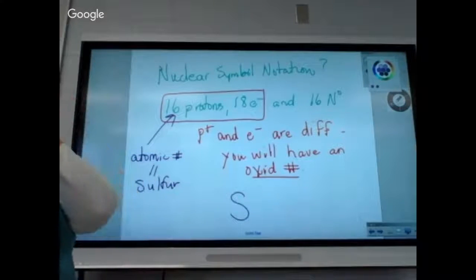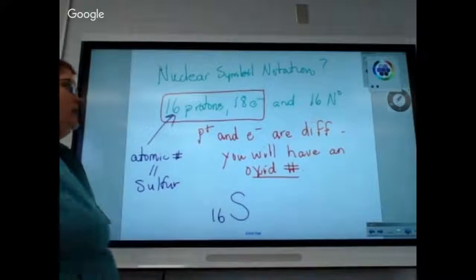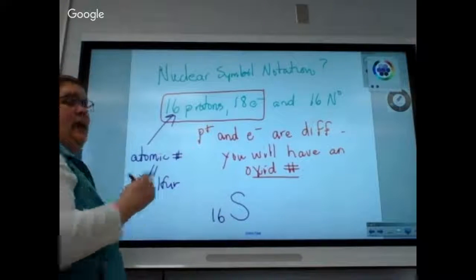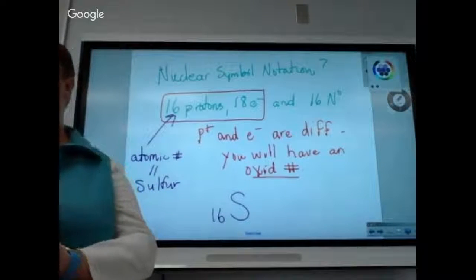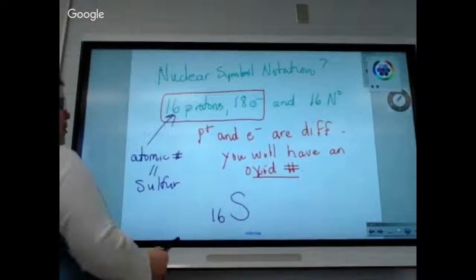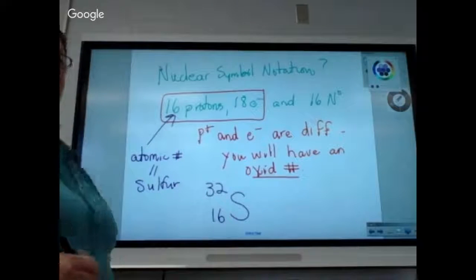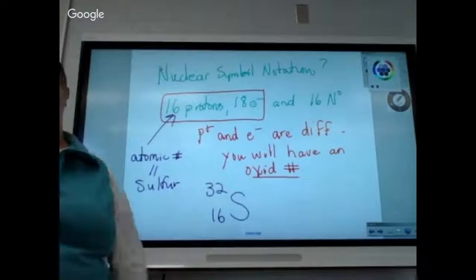All right. So what's the atomic number I'm going to write down here at the bottom? 16. All right. What is the mass that I'm going to write up here at the top? All right. How do we get the 32? Protons and neutrons. So protons plus neutrons are 32. Now, to get the oxidation number, what do I do?